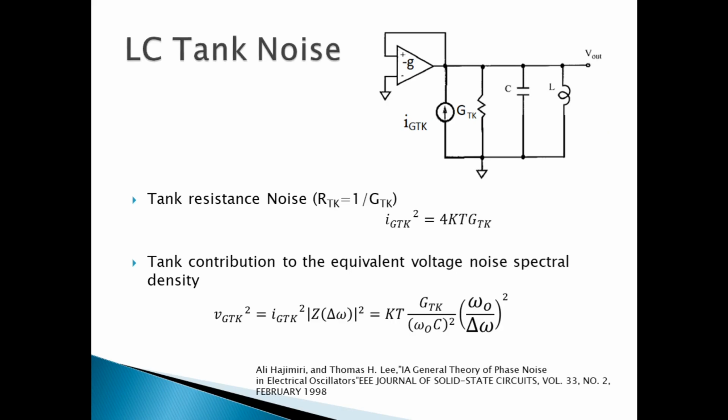Noise shaping means the conversion of the white noise generated by the tank circuit and the active part into colored noise, or frequency filtered noise, due to the tank impedance.